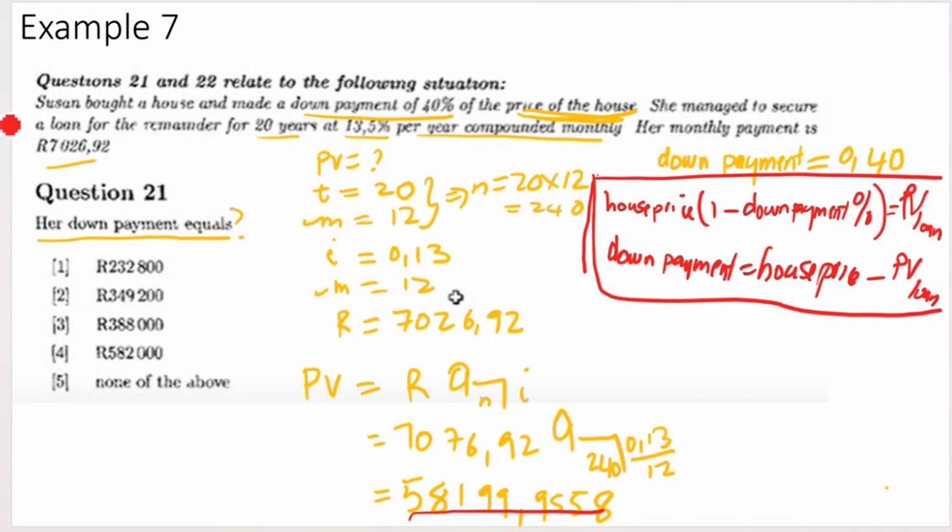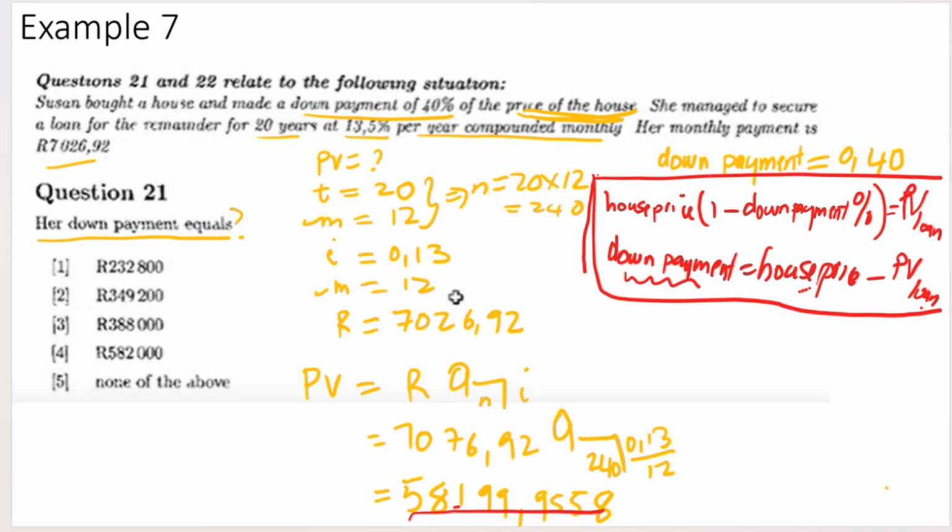So here we are looking for this. We know the PV loan, we've just calculated it, but we don't know the house price. We want to know the original value of this house, because the value of the house does not equate to the loan that you got. Sometimes you can get a loan and the person has already put some deposit.